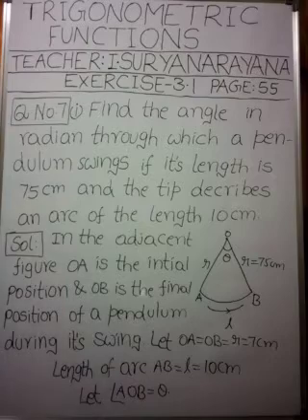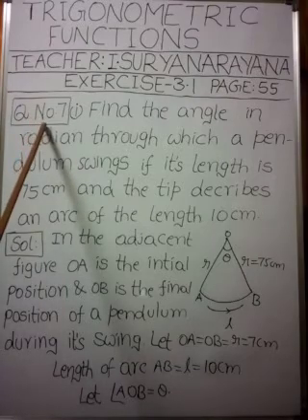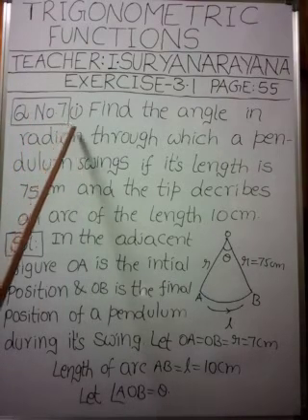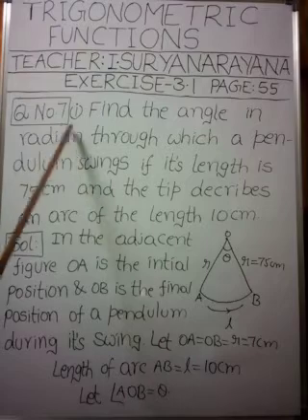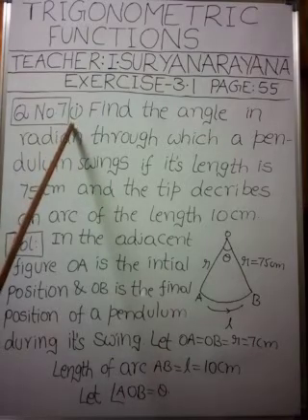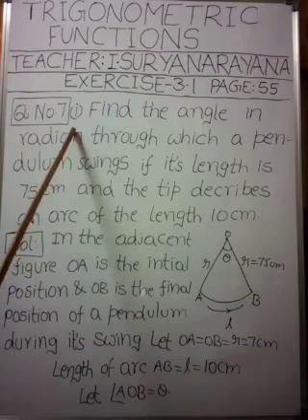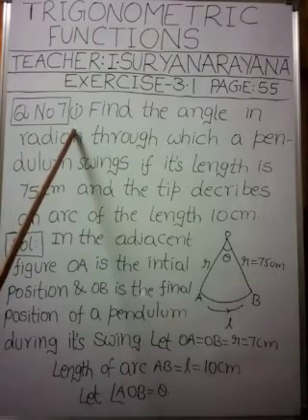Now come to question number 7. In this Roman numeral 7, there are 3 parts, 3 questions are there. Here I am explaining the first part. Here I am explaining the first question. Try the remaining 2 questions yourself.